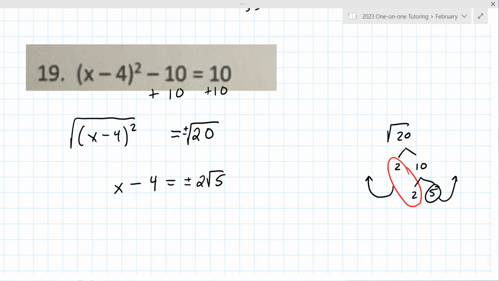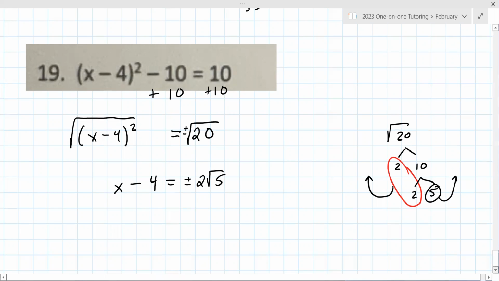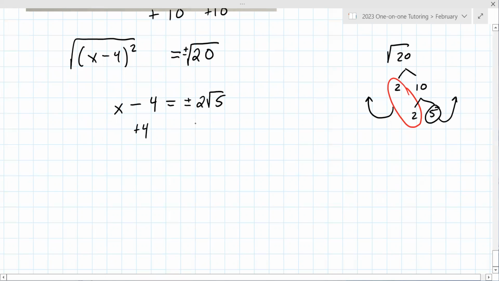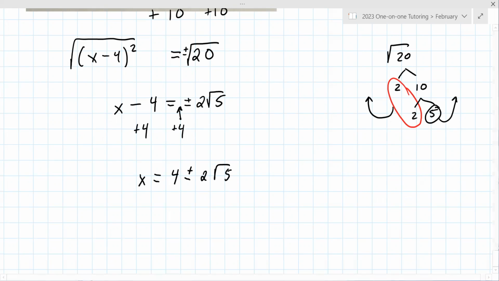Now, we're not done, even though we've done a bunch. You have to add 4 to both sides. I will sneak it up in front here. So the answer looks like this: 4 plus or minus 2 square root 5. What you cannot do is combine anything here.